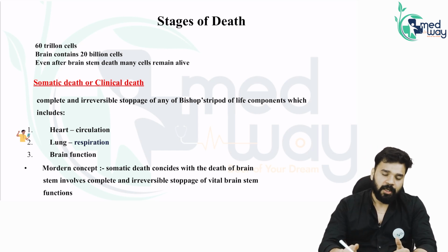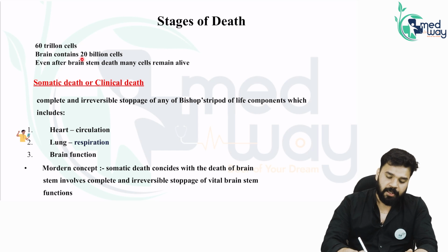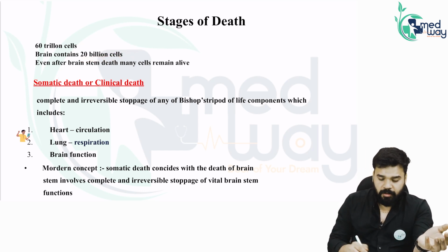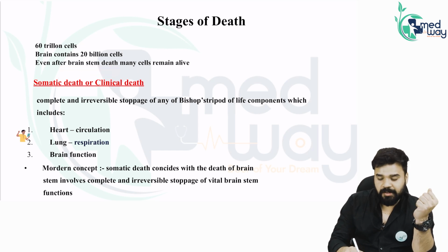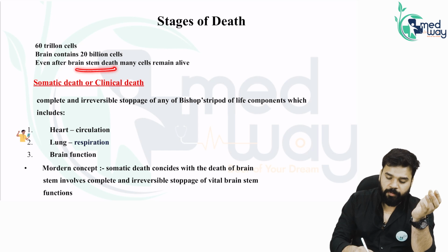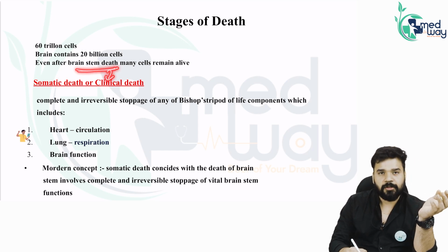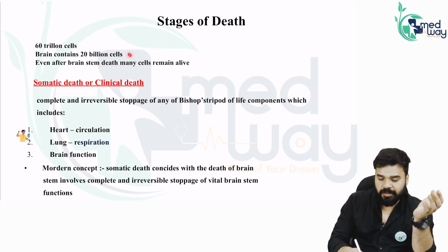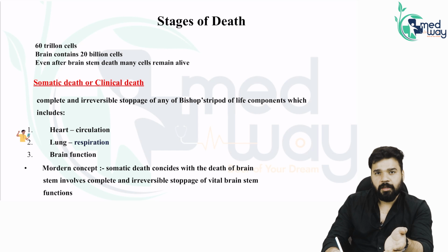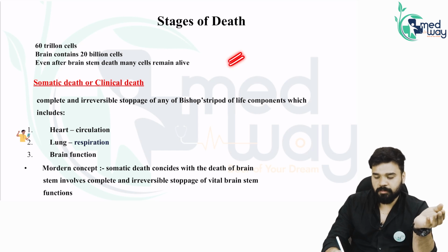Our body contains about 60 trillion cells, and of these, the brain contains about 20 billion cells. Even after brain stem death, many cells in our body remain alive. Brain stem death or brain death is considered somatic death, and all the cells which remain alive after brain stem death will die after somatic death, and this is known as molecular death.